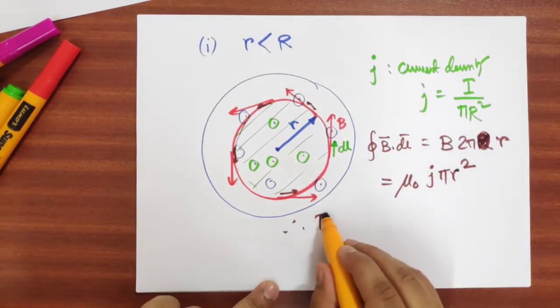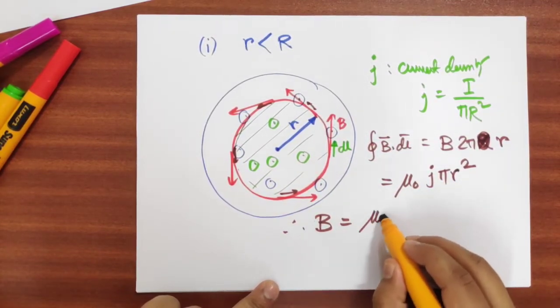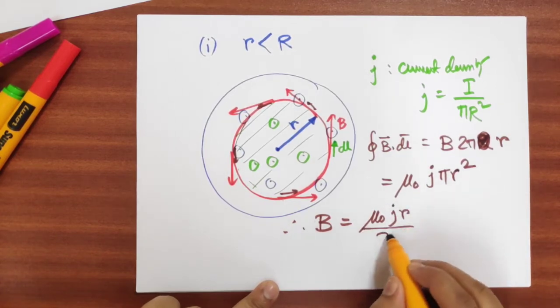So therefore B equals mu naught J r by 2.